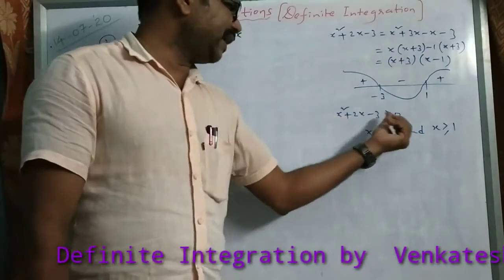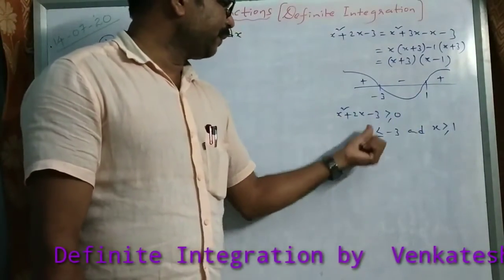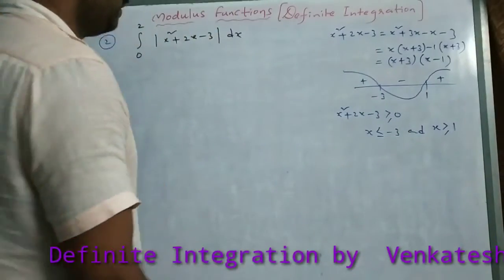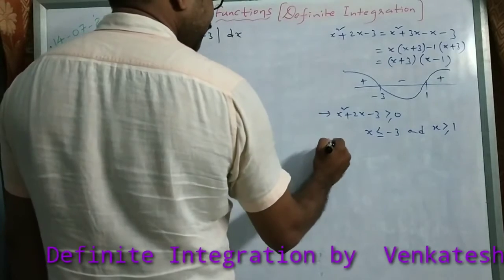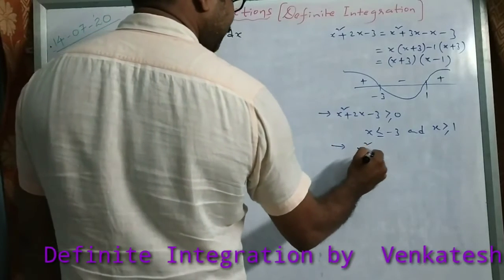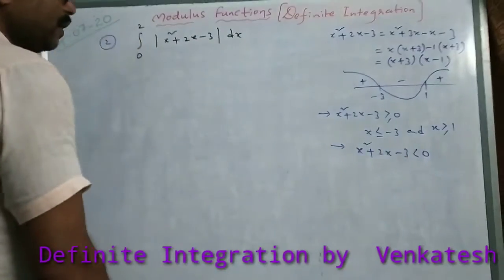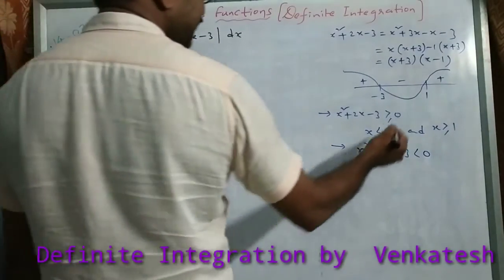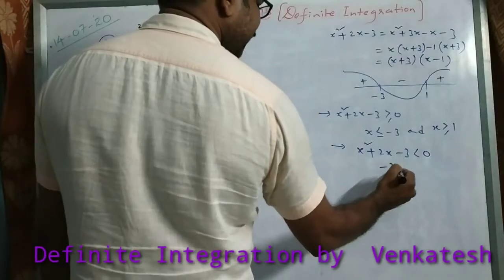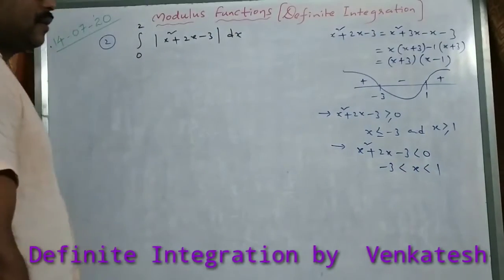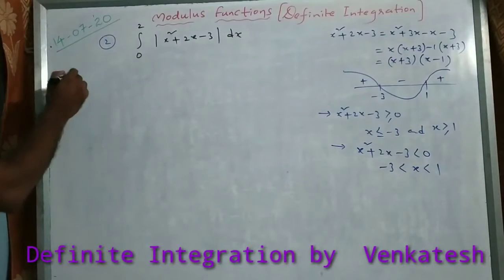This function value is positive when x is below minus 3 and above 1. When will you have negative? x square plus 2x minus 3 less than 0, between minus 3 and 1. Okay, clearly it is understood.